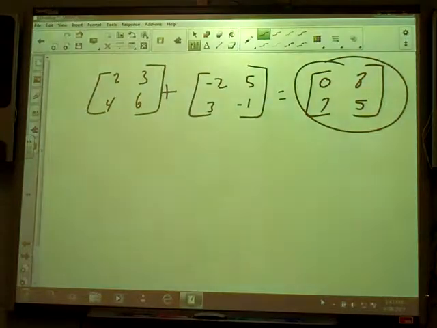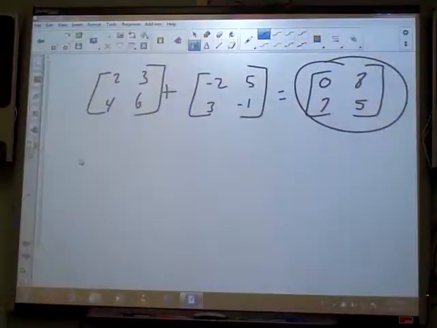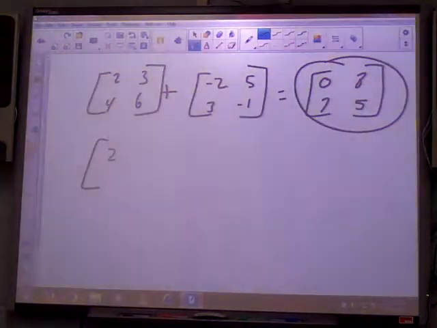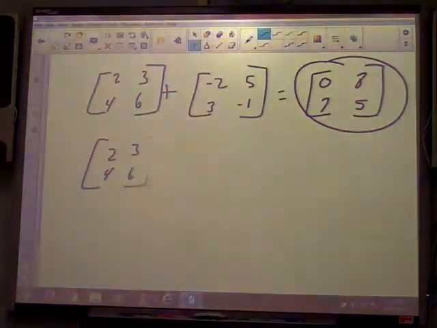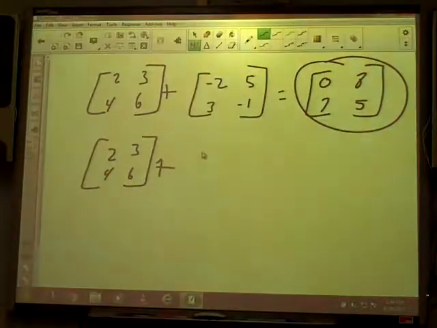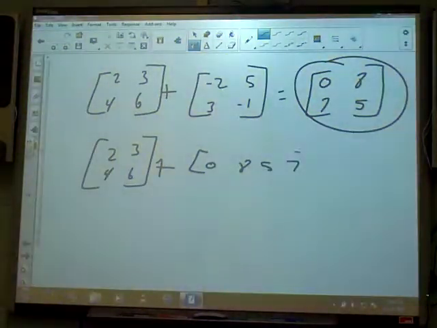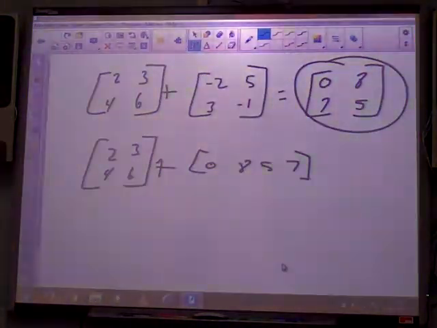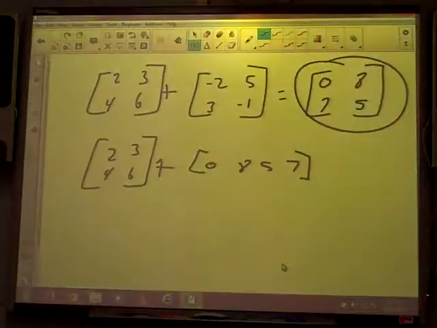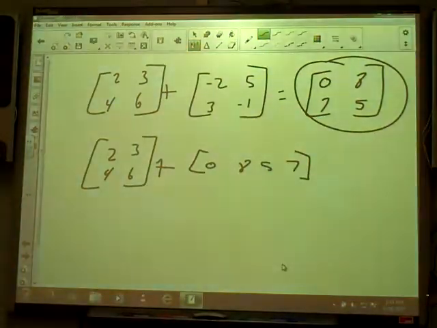What if though the same one on the left, 2, 4, 3, 6, plus 0, 8, 5, 7, and we're told to add that?